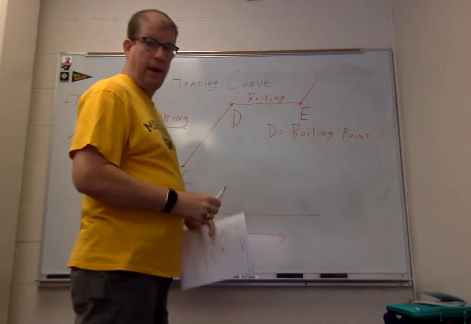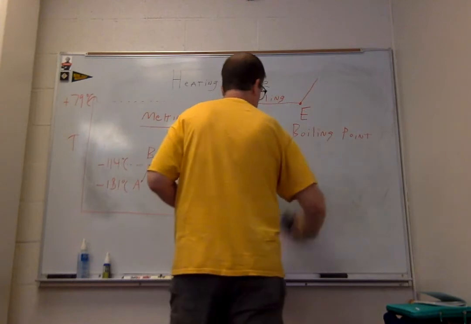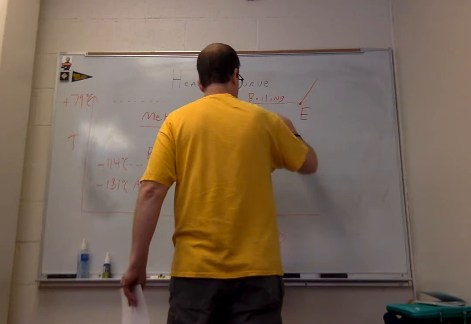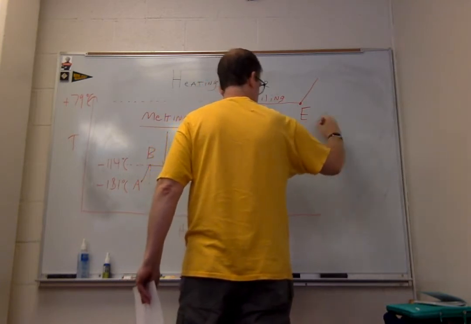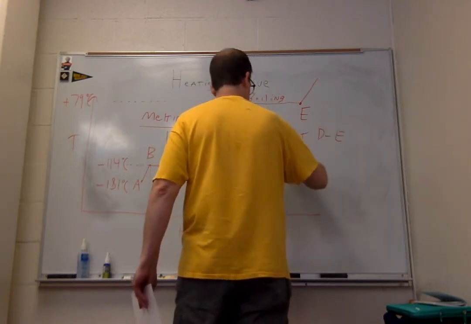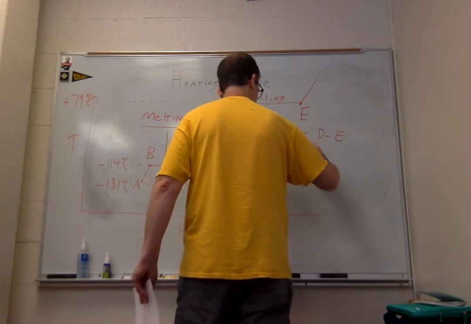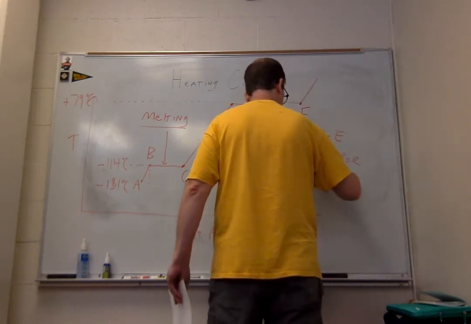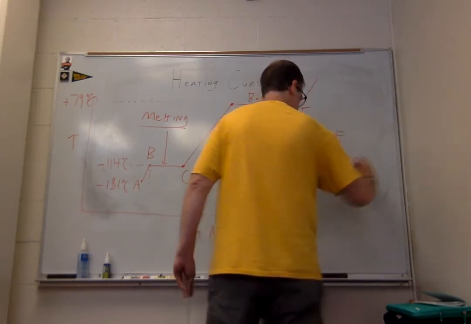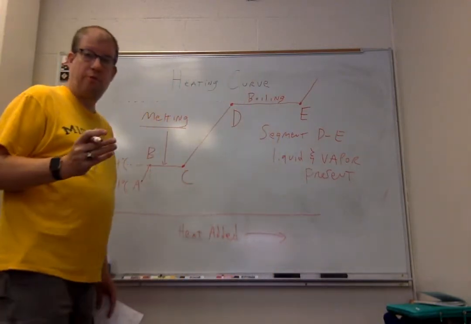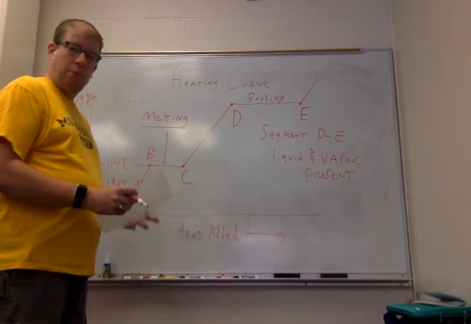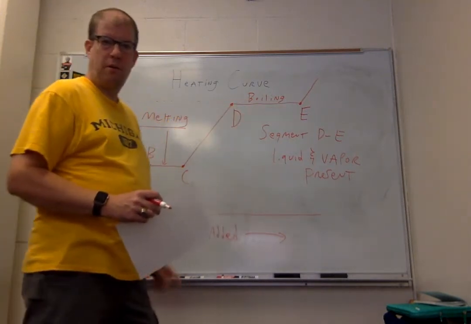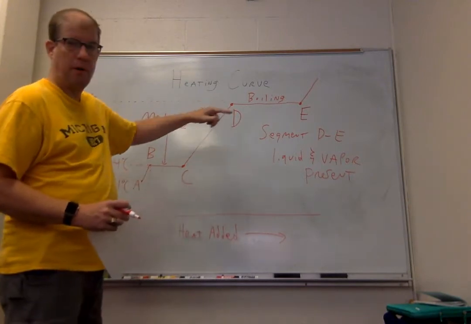So then, again, along this segment, liquid and vapor are present. So two phases. So that's important to remember. Along the horizontal parts, there's two phases present, but along the ascending diagonal parts, there's only one.